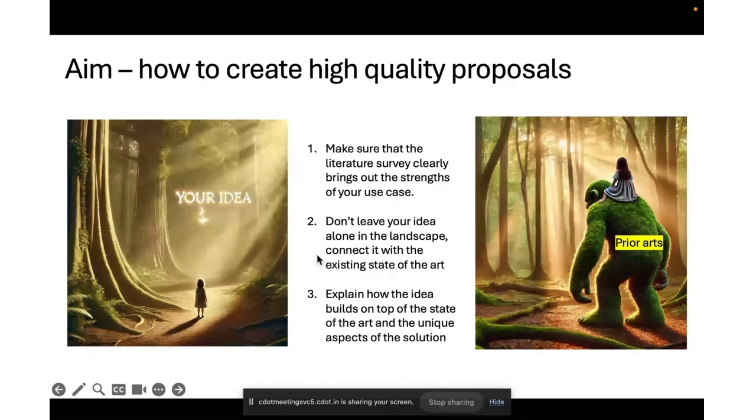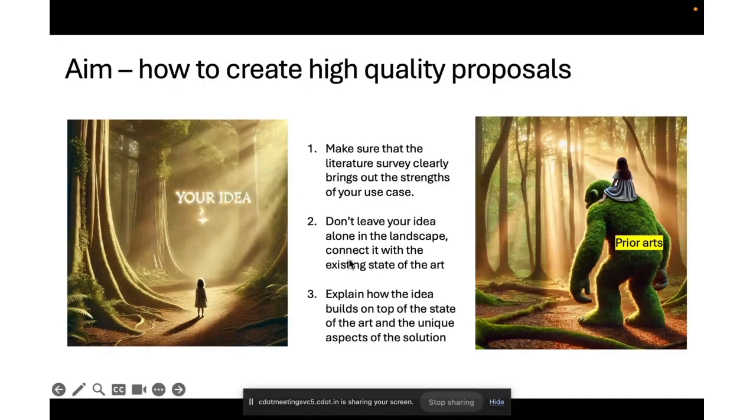No prior art means that your idea is lonely and you are either too ahead of your time or your idea is most probably useless. But if you are showing your prior arts very carefully, if you are building up your case carefully with literature survey, that shows that your idea is contemporary, it is relevant, and it has the scope of going forward.